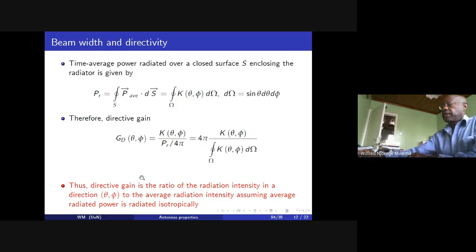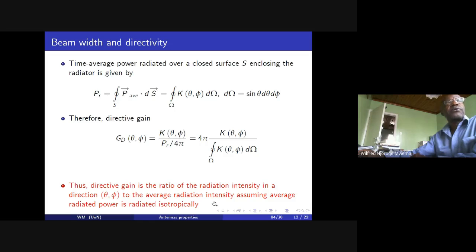And therefore, directive gain is the ratio of the radiation intensity in a given direction theta phi to the average radiation intensity, when we assume that the average radiated power is radiated isotropically.